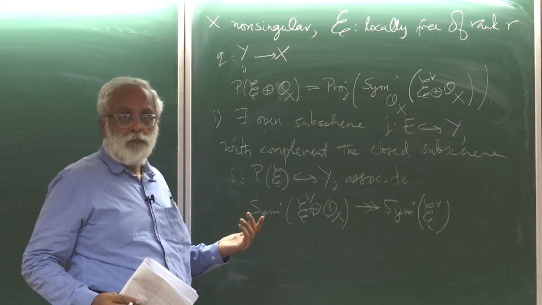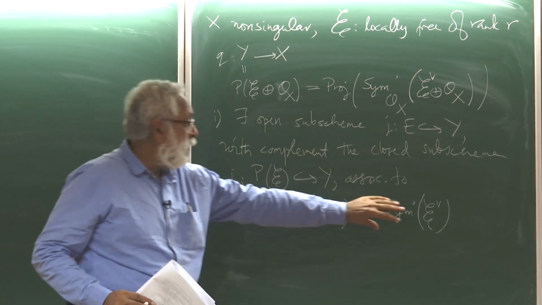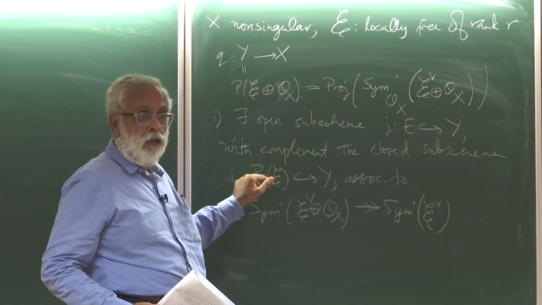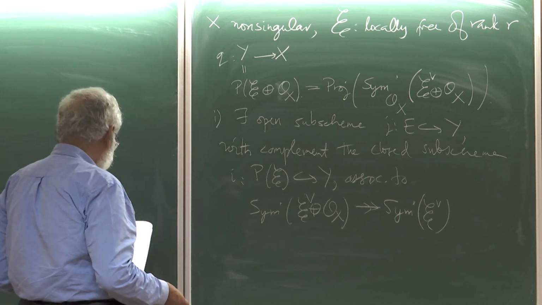There's a map the other way in Proj, and this is a closed embedding. That's so this is the thing which we had called P(E) with a single P, and this is P of some bigger E prime. So you have this.